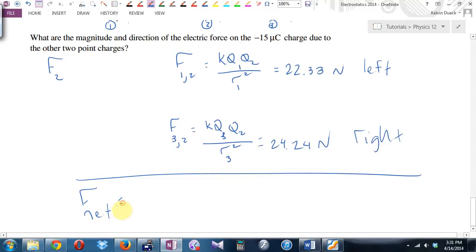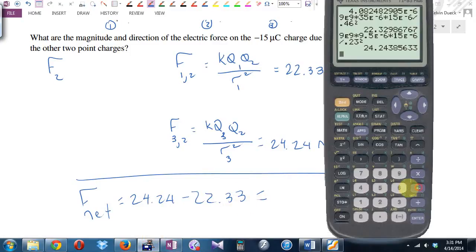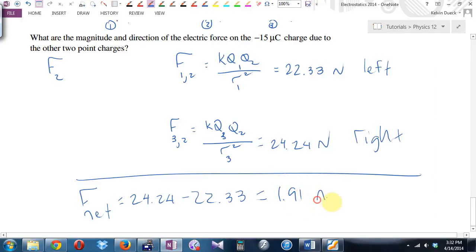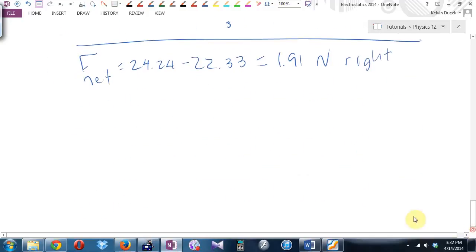The net force is 24.24. Take away 22.33. Winner minus loser. 1.91 newtons to the right. I would also have no problem on the multiple choice giving you this arrangement here.